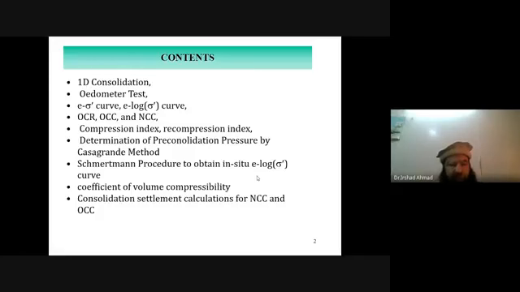Then we would discuss the e-sigma curve and e-log sigma curve. Then we would discuss what is over-consolidation ratio, over-consolidated clay, and normally consolidated clay.